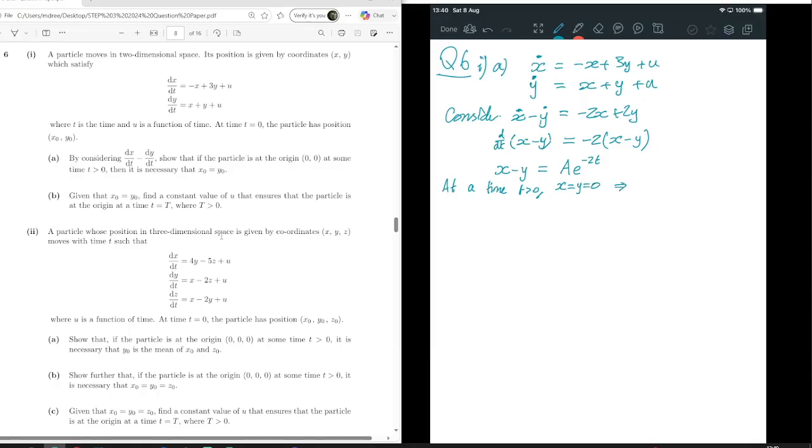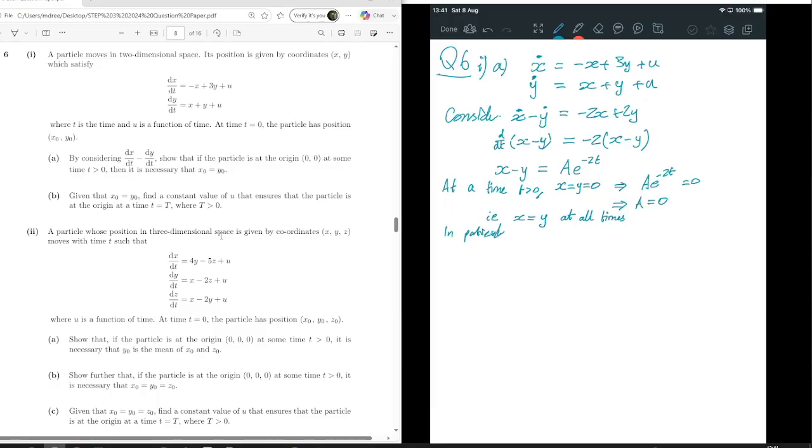Well, that's going to mean that a e to the negative 2t equals 0, but e to the power can never be 0, which means a equals 0, i.e. x is equal to y, or x minus y equals 0 at all times.